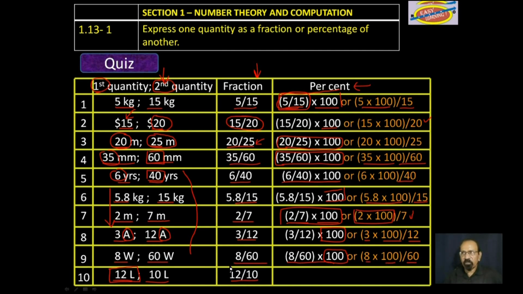You are expressing the first quantity as a fraction and percentage of the second one. So you follow the same procedure you were using all along, and that will be 12 over 10 multiplied by 100. That's one way. You will get more than 100%. And in this case, 12 multiplied by 100 divided by 10, you will still get more than 100.